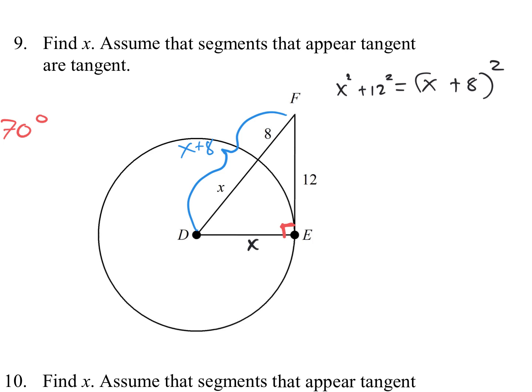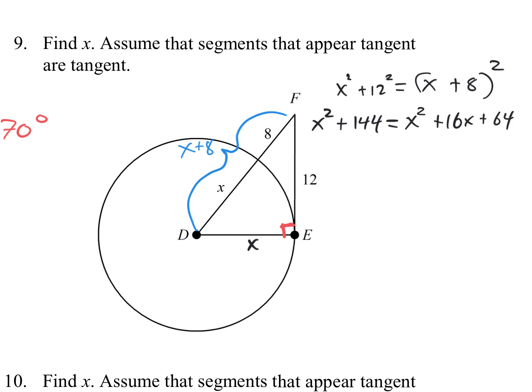And the mistake that students often make here is they go, oh, yeah, that's just x squared plus 8 squared. No, that's not what that is. Remember, you have to either use the box method or FOIL, or you can use the pattern of perfect squares. I'm going to use the pattern for perfect squares because we did that a whole bunch. We should be familiar with that by now. So to expand x plus 8 squared, you end up with this. X squared plus 16x plus 8 squared is 64.